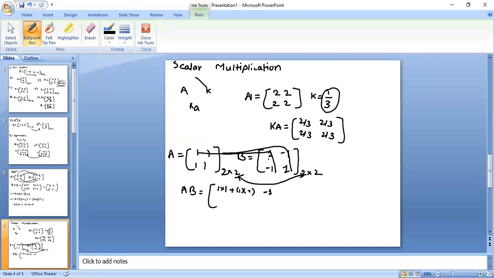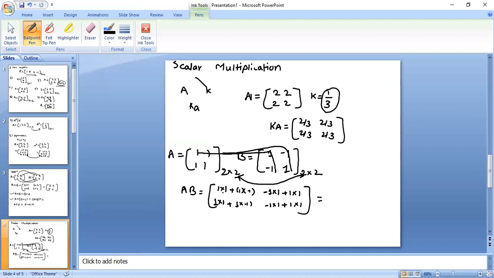So -1 into 1 plus 1 into 1, 1 into 1 plus -1 into -1, and here -1 into 1 plus 1 into 1.